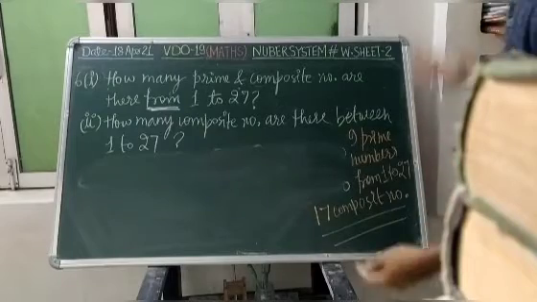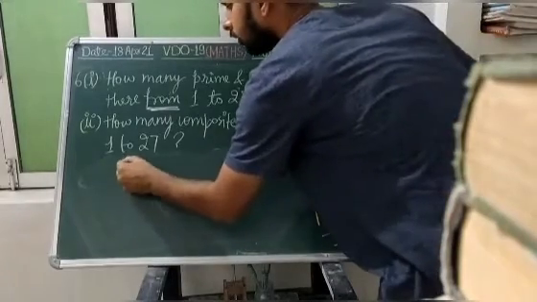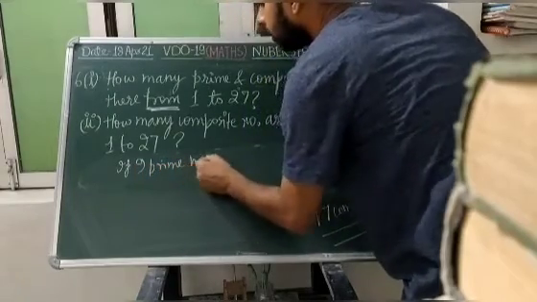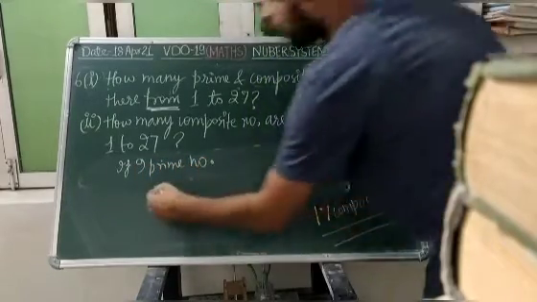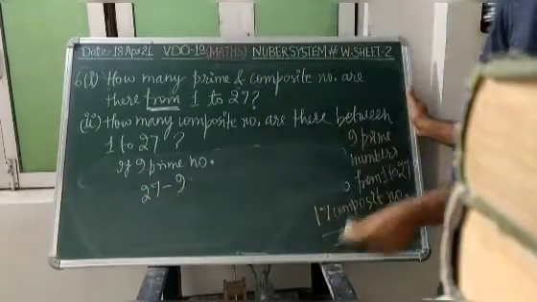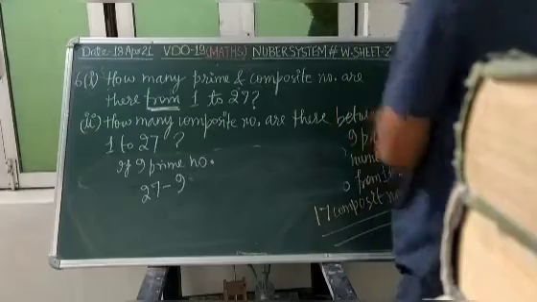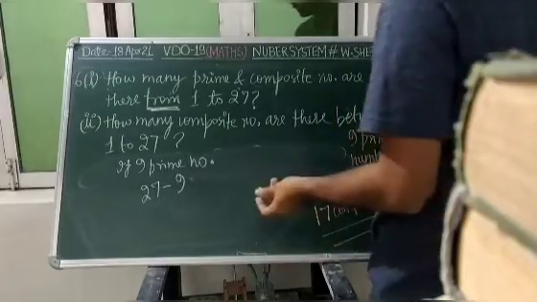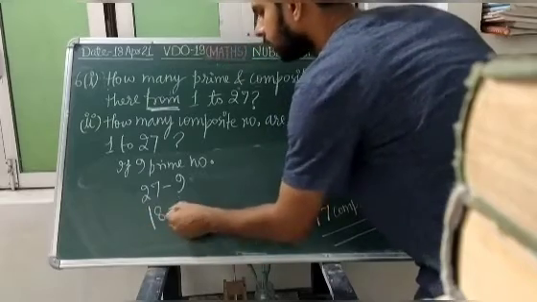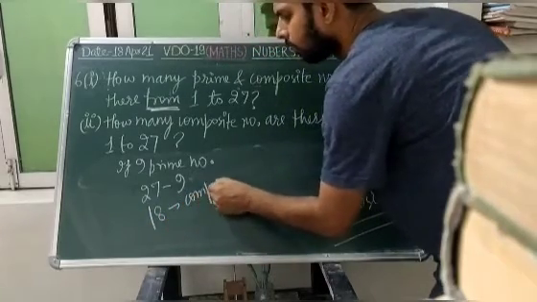That 17, you can think that if 9 prime numbers are there, then from 27 you can subtract 9, and that will give you 18 composite numbers.